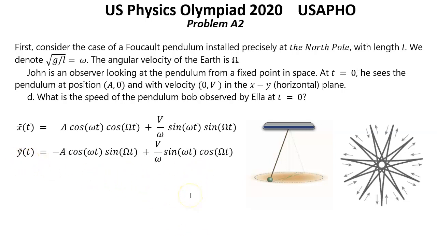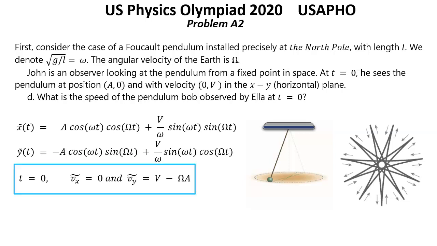So to find the equations for velocities, we have to take the first derivative by time of these formulas. After that, put time t equals 0 into these formulas. So finally we have vx tilde equals 0 and vy tilde equal v minus big omega multiplied by a. So that's the solution and answer for question D.